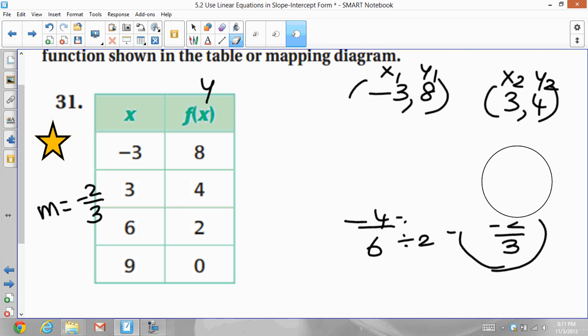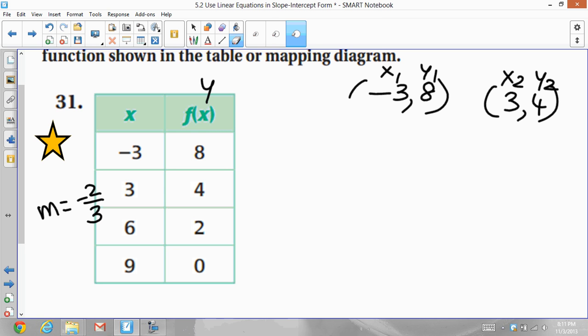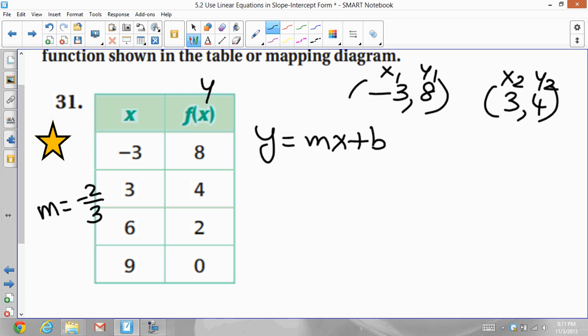So now once I got the slope, I'm going to take my slope and use any one of these points. So I have y equals mx plus b, and I'm going to replace my y, my m, and my x to find out what b is.